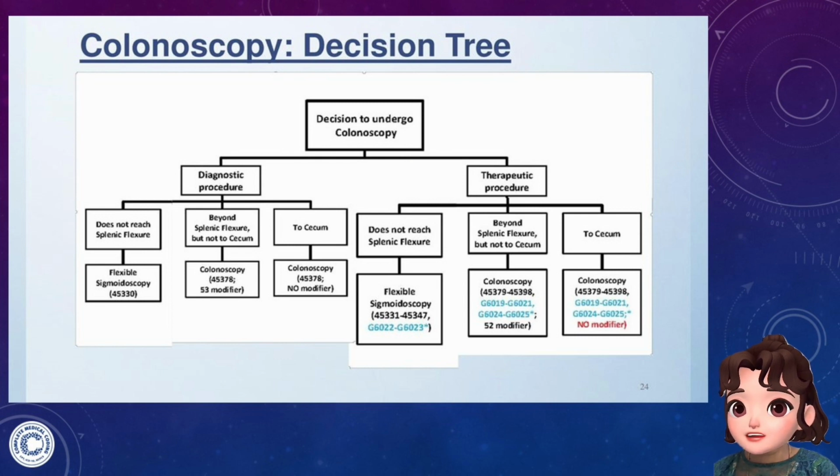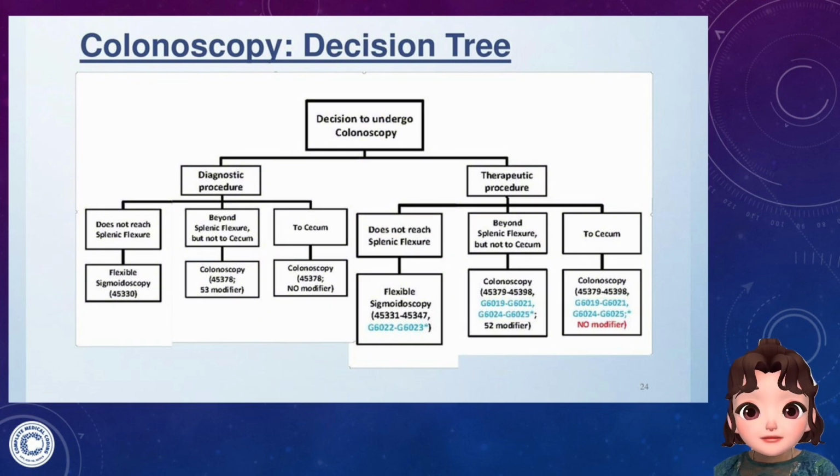If the physician reaches beyond the splenic flexure but not to the cecum, then we need to use the colonoscopy code 45378 along with modifier 53. If the physician has reached the cecum, we will not use any modifier, only the colonoscopy code 45378.